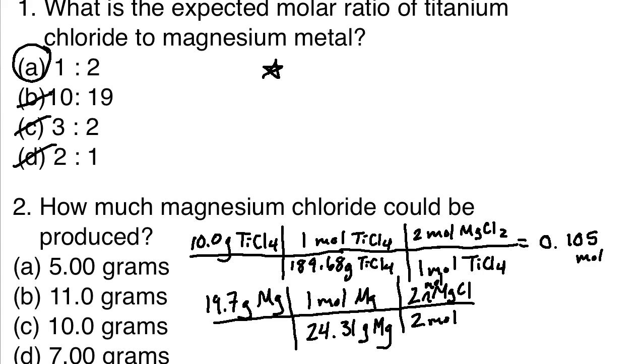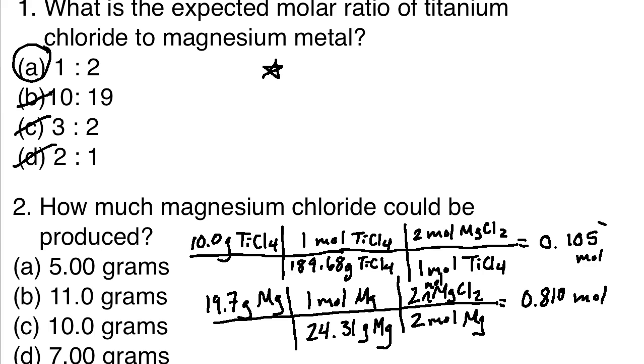It's 2 moles of magnesium chloride to 2 moles of the magnesium metal. Again, 1 to 1 would also be acceptable here. I just don't want to confuse students that might have trouble following where this is coming from in the balanced equation. So you run all of that through, and you find 0.810 moles of magnesium chloride.